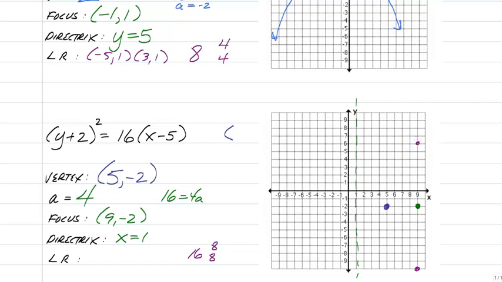And now you can give yourself a nice sketch of the graph. We are going to have a big old thing like that. And of course, our LR points are 9, 6 and 9, -10. And that is it with parabolas.